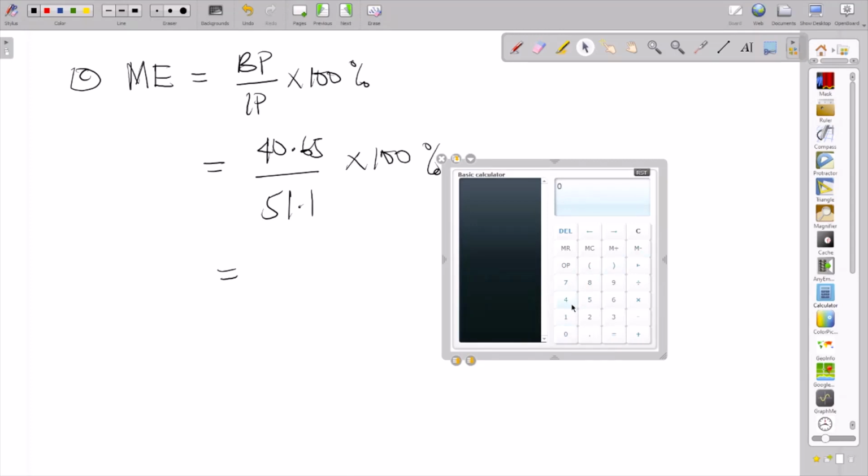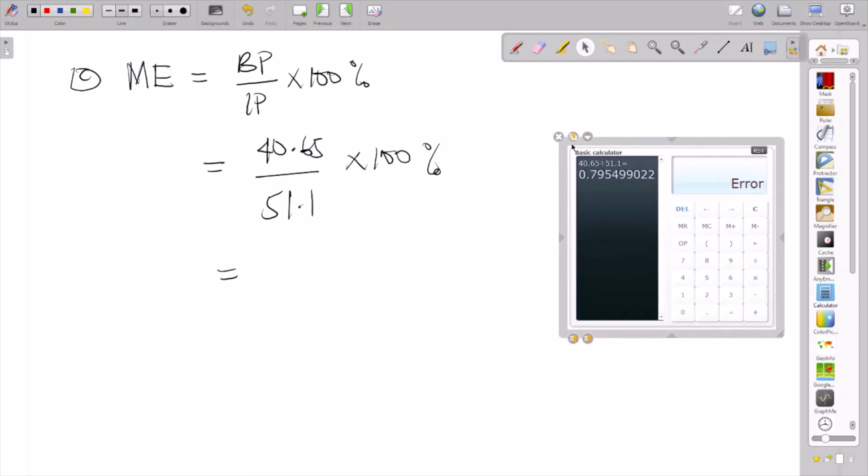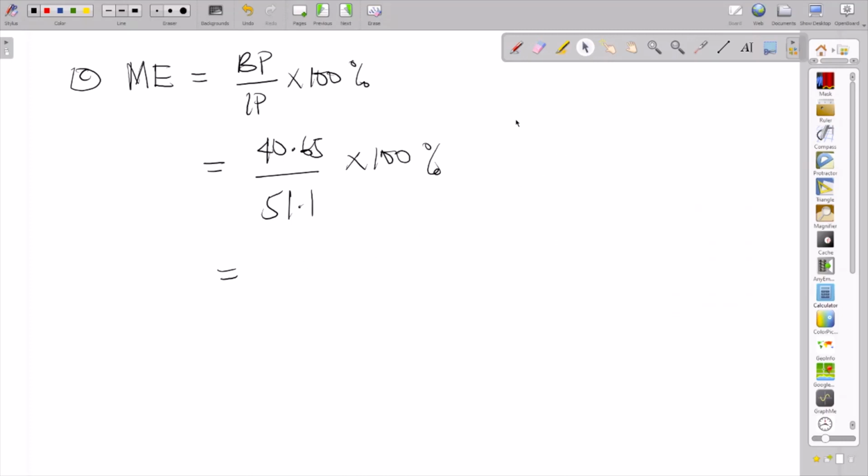So 40.65 divided by 51.1. When we multiply that by 100, we should get 79.55%.